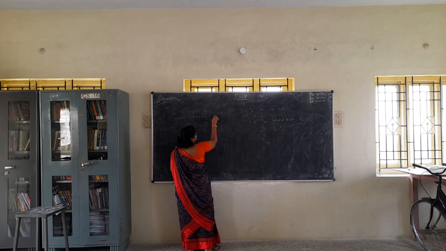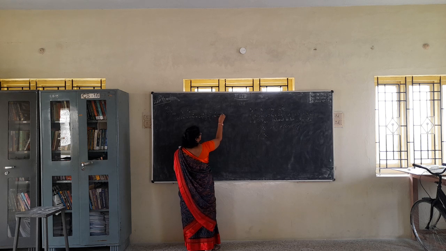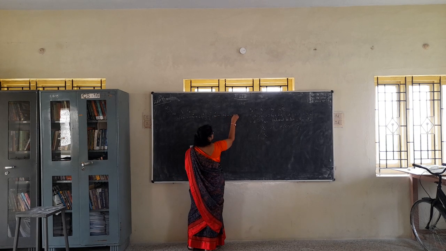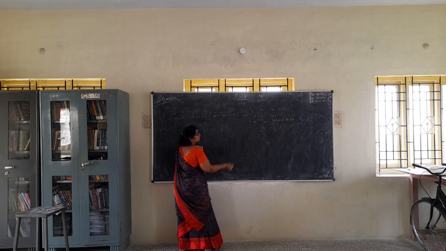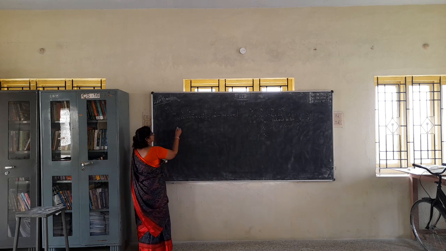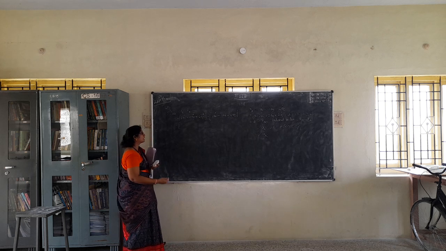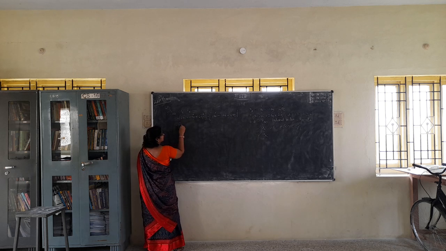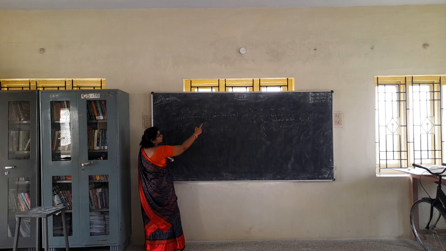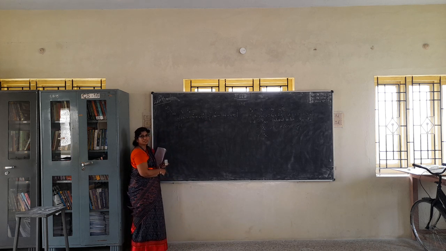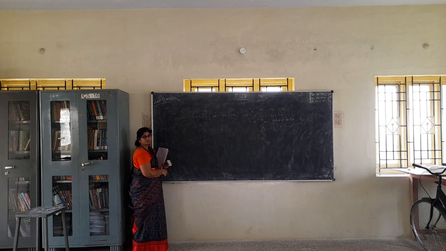RA is minus ax vector minus 3 ay vector minus 4 az vector. So RAB is RB minus RA. So coefficient of ax is 2 minus minus 1.